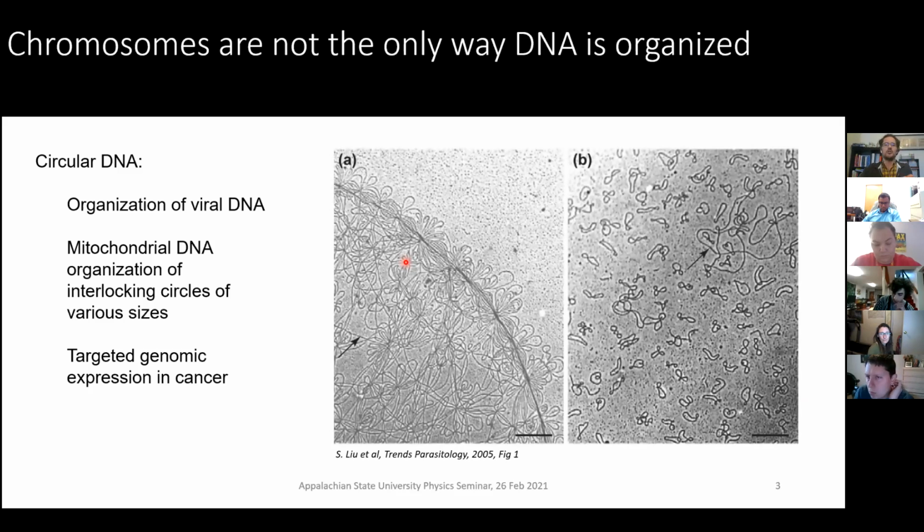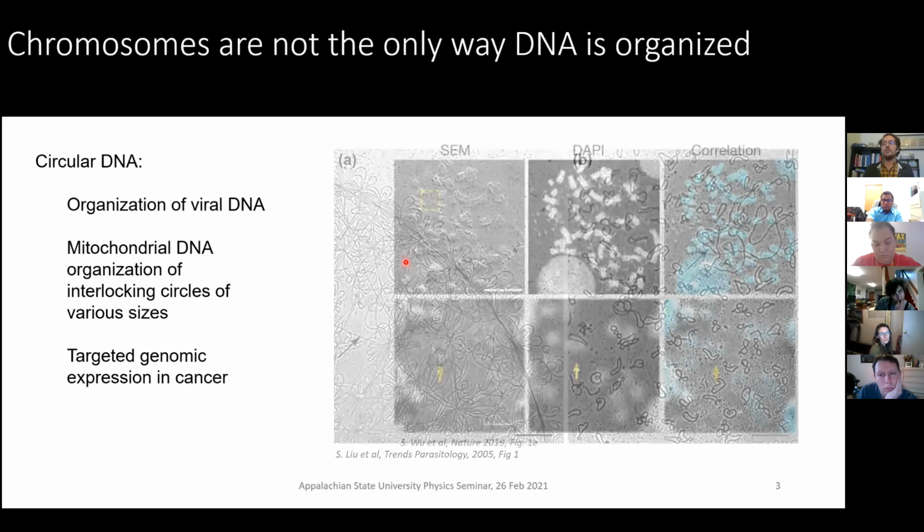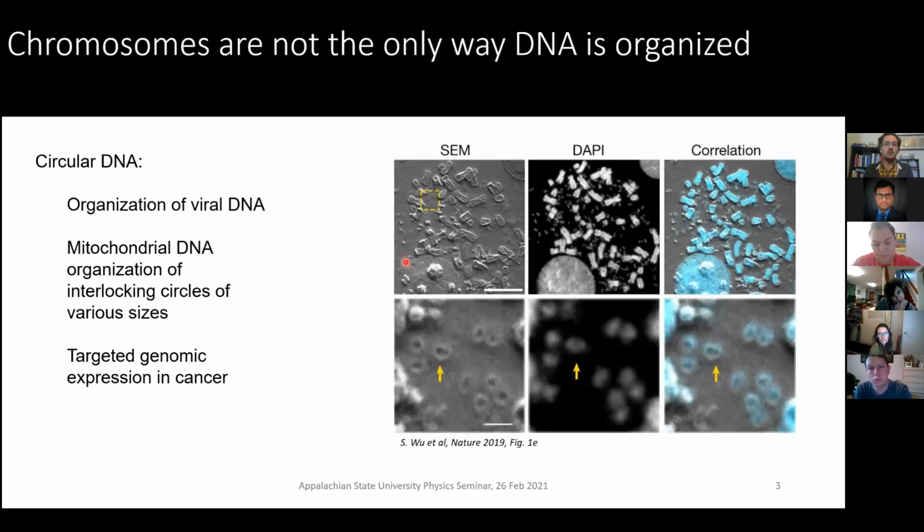And we want to look at understanding why different sequences of forms of the circular pieces of DNA contribute in different configurations. But also, circular DNA is found in targeted genomic expression in cancer cells. If biology has taught me one thing, it is that it wants to spend the least amount of energy as possible.